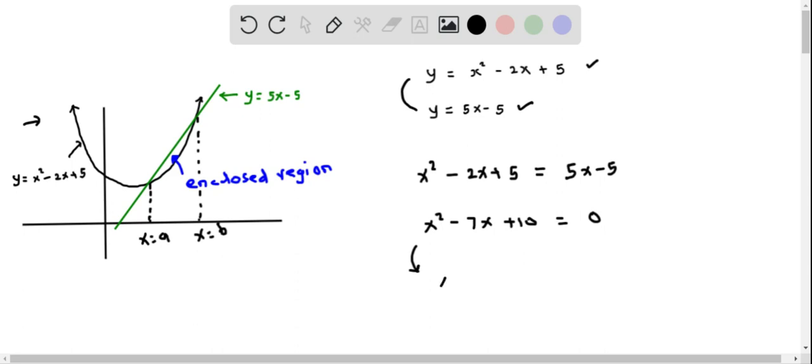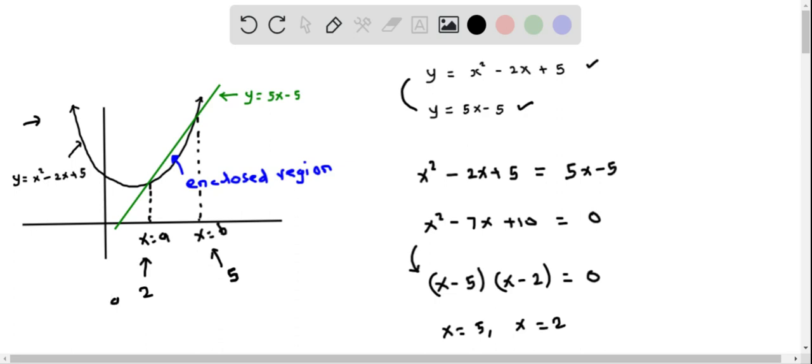The two factors are x minus 5 and x minus 2, written in product form. Solving this, we get x equals 5 and x equals 2. This one must be 2 because it is the lower value of x, and this one must be 5, that is a equals 2 and b equals 5.